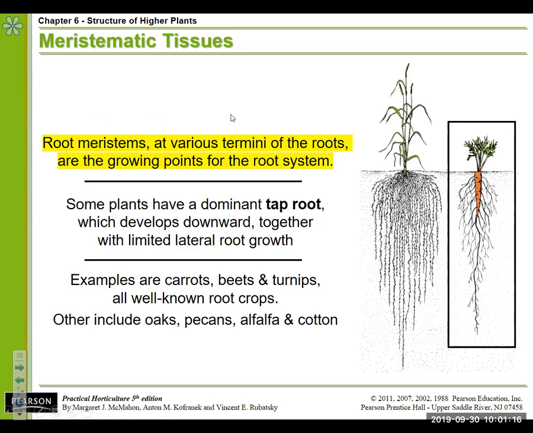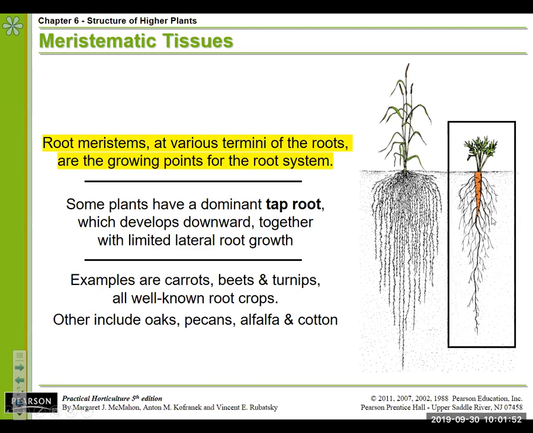So we also have the root meristems at the ending of the roots, of course. So the growing point for the root system. And that begins as the radicle, where in all plants it kind of actually starts as a taproot with the radicle, but in some plants they quickly switch to more fibrous root systems, like in this grass picture here, versus other plants that have a very well-defined taproot, like a carrot, for instance.